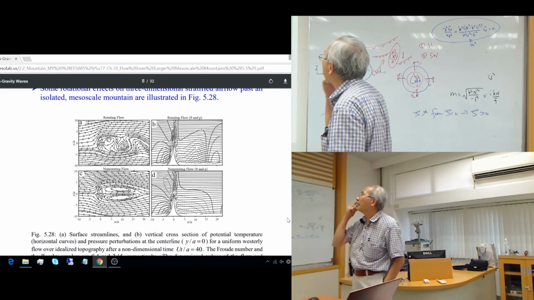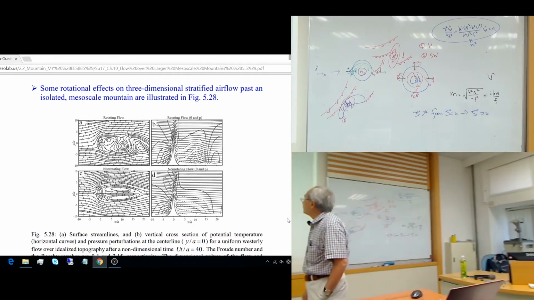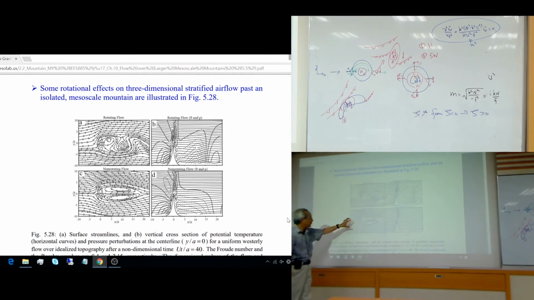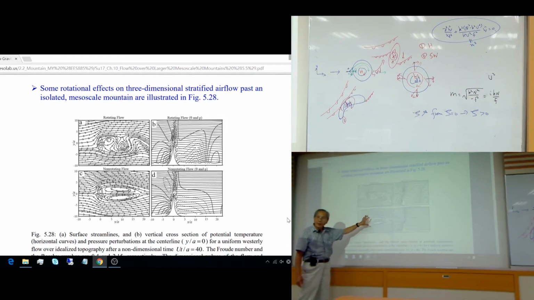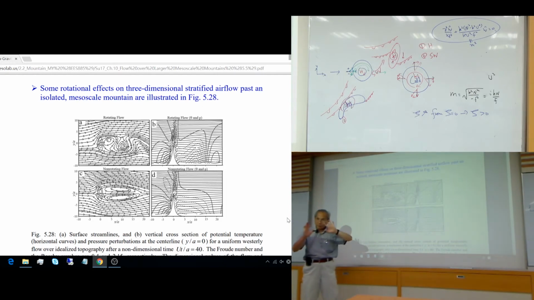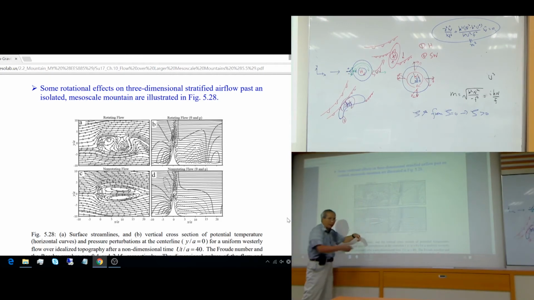So here, if you have the flow coming in at low Froude number, non-rotating, so f equals 0, then you get a pair of vortices, as we just started this morning.